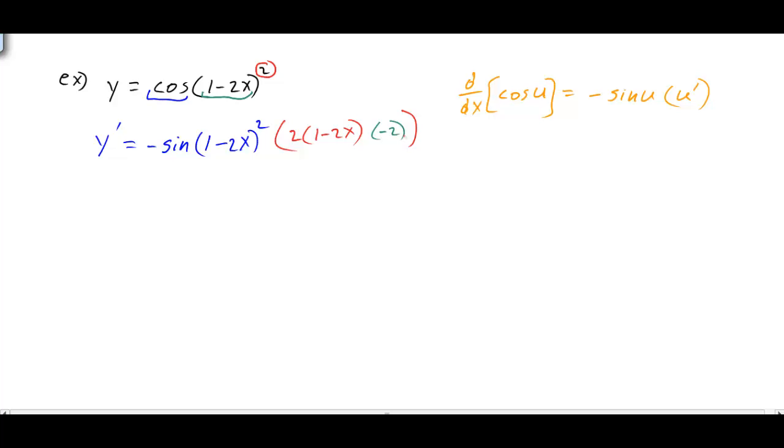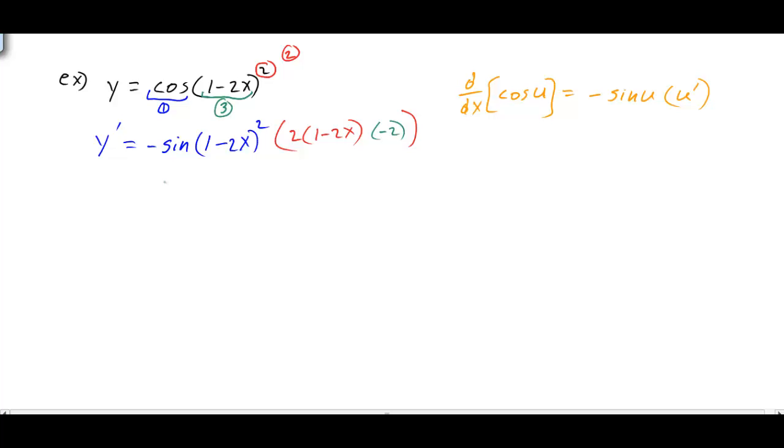So this one actually caused us to use the chain rule twice. We had to take the derivative first of the cosine. So this is the first step. Our second step is the square, and then the third step is the 1 minus 2x.